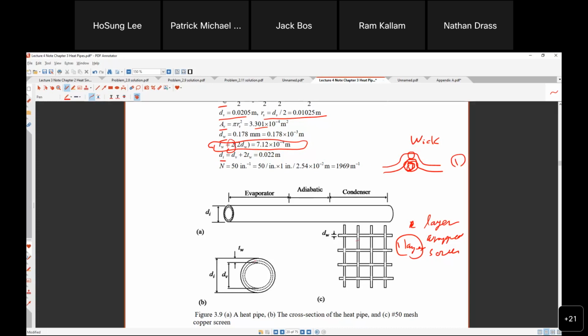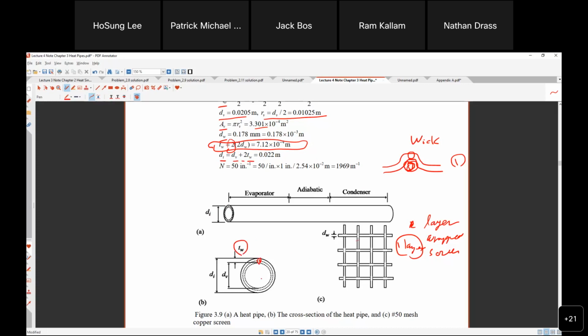And DI is the inside diameter, okay? dV plus 2 TW. I think this is TW, dV. Yeah, this is TW.